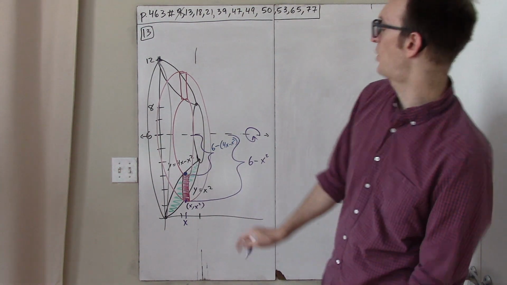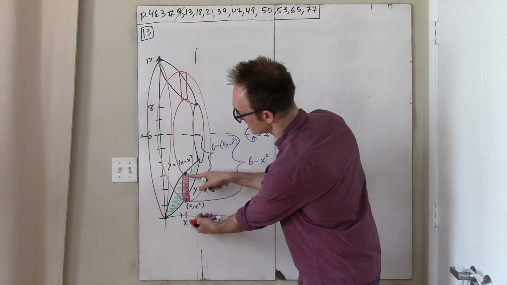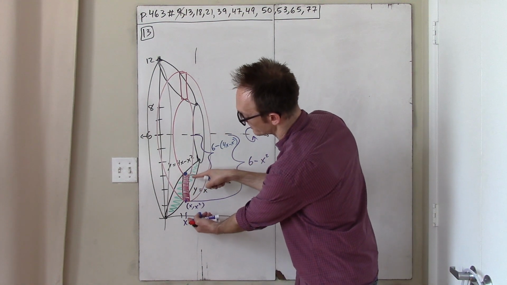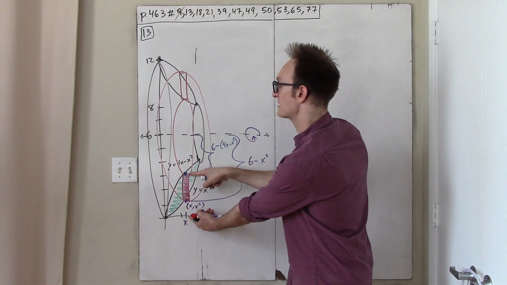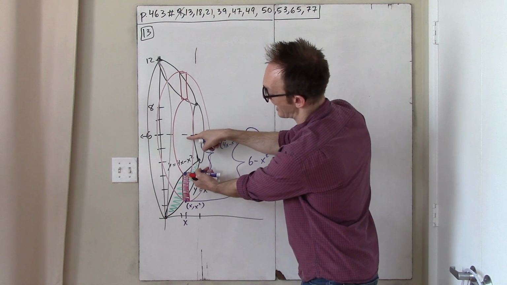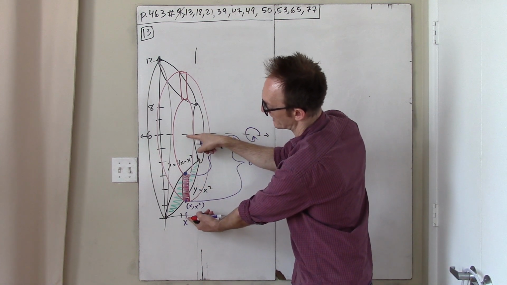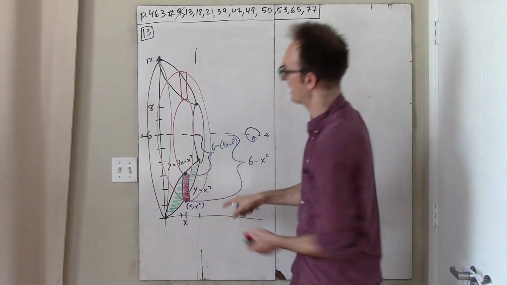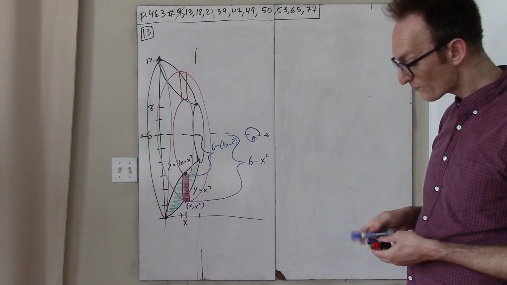So you have to go to the x-axis, go up to the point, then say to yourself, oh, that's the distance from the x-axis to the top of the representative rectangle, but what I need is the distance from the axis of rotation to the top of the representative rectangle. So that's the entire distance from the x-axis to 6, minus that height. Some people find this kind of easy, but some people find this kind of hard.